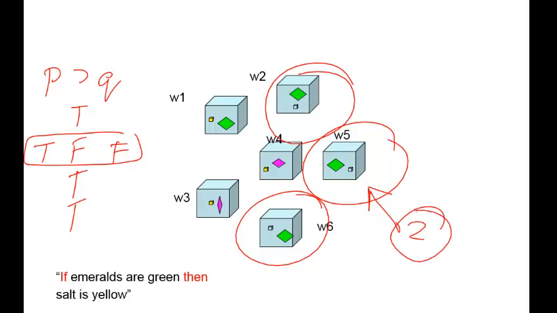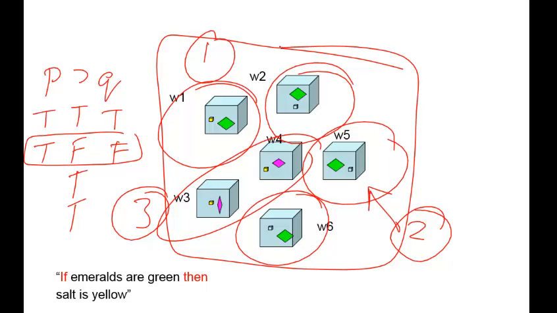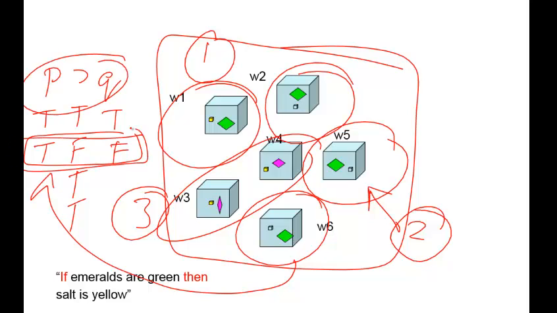How about emeralds are green and salt is yellow? We've got that. That's the first case. And again, here we have the third case. Okay, so if this were the way things are, then we'd know that this is false as a whole because this is one of the false cases, the case where emeralds are green and salt is not yellow.